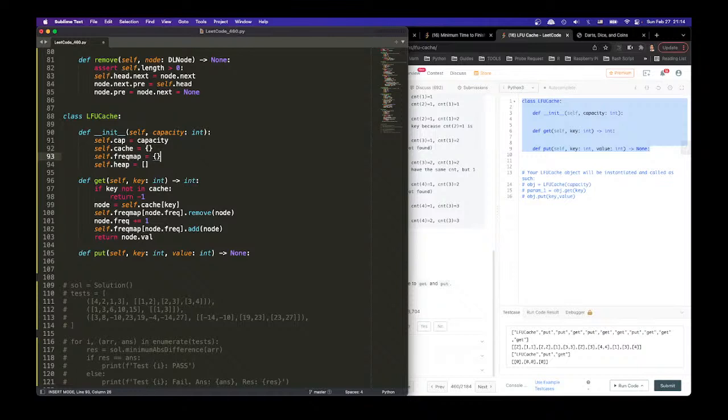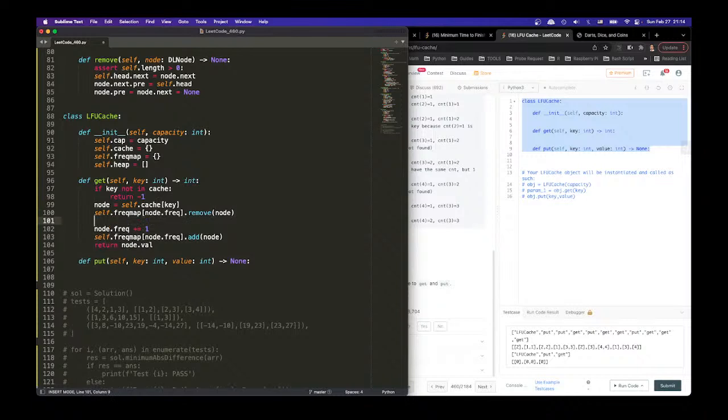All right, and then, okay. Yeah, so I get it, I'll remove it. Then we need to check. Now how do I remove it from the heap? Thought about that? How do I remove it from the heap?